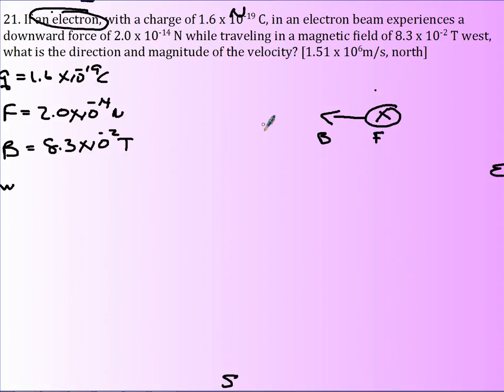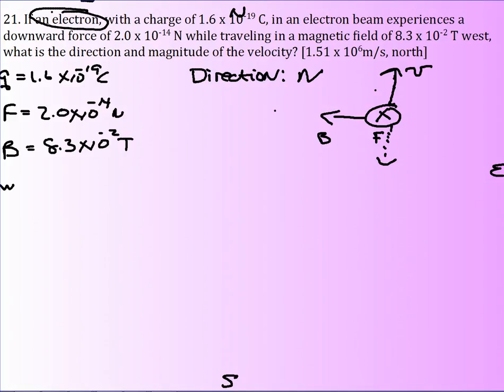All right, if you do that, you should see that your thumb, I'm going to do this in dotted lines, your thumb is pointed downward towards south, but it's an electron. Because it's an electron, you know the velocity has to be to the north. All right, so the direction is north. Had it been a proton, the direction would have been south. All right, so now that's kind of the challenging part of these.